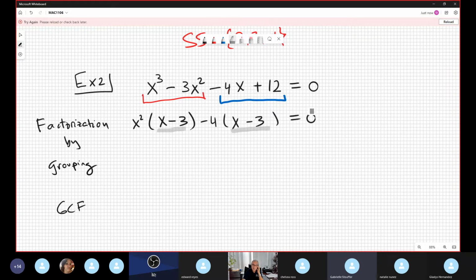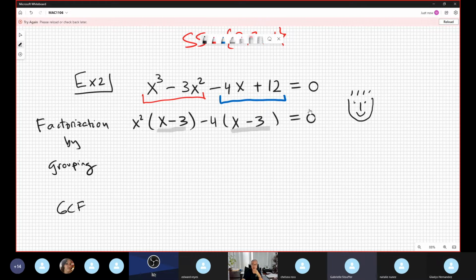And at this moment, I realize that I'm doing well because this binomial is the same. When this binomial is the same, I am so happy. Look at my face. Happy face. Because the selection that I did in the couples, the red one and the blue one, was correct. Maybe sometimes you select and you don't get the same binomial.